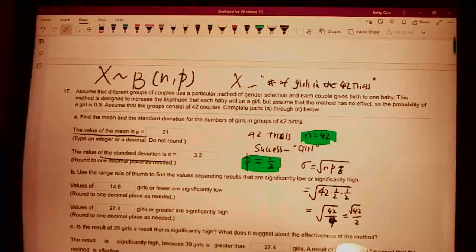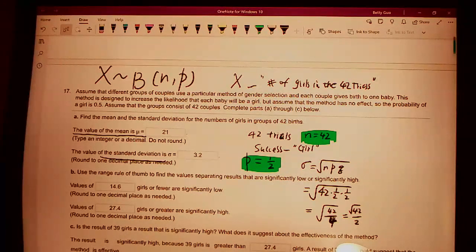Use your calculator. If you get familiar and friendly with your calculator, then during the test it will be able to help you. We do have a square root on the TI-84 calculator. It's right above x squared. So you want to do second x squared, and you enter 42.